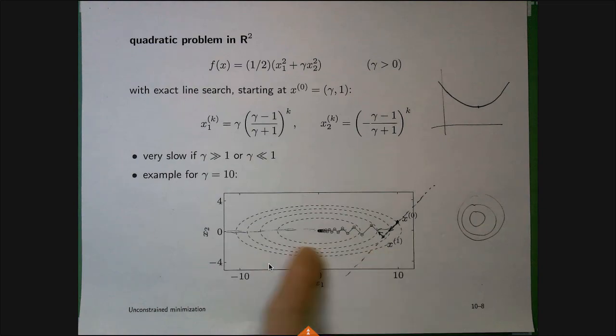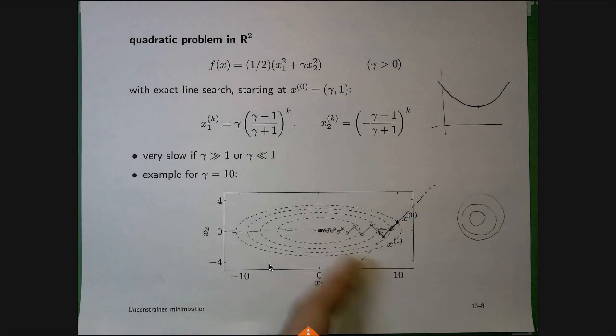Here we took a lot of iterations, depending on how much accuracy we want. Usually you iterate until you run out of floating or double point accuracy, that's what the optimization people like to do. But if you want a reasonable accuracy, you need to do a lot of iterations here. How many iterations will you need with Newton's method?